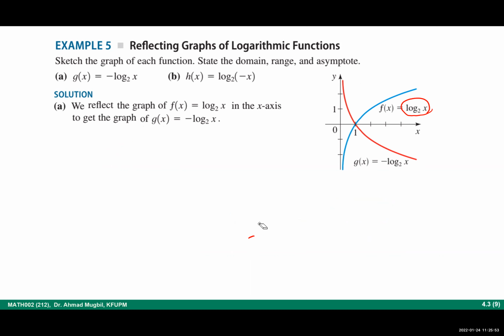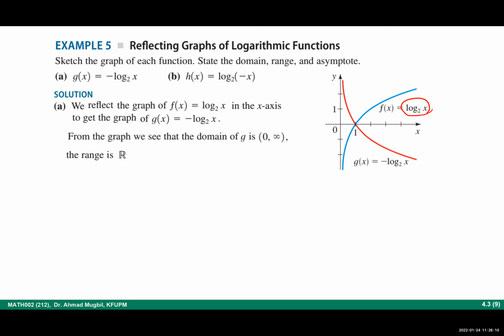Now you can find the domain, the range, the asymptotes. What is the domain? It is still from 0 to infinity. The range is from negative infinity to infinity. The vertical asymptote is x equals 0, the y-axis.